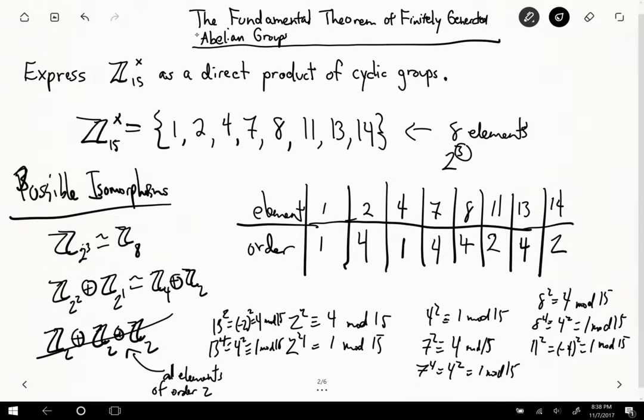And on our other one, this has at least one element of order 8. In particular, 1. You can actually do a lot more than that, but 1 does the trick. It's an element of order 8. There's no elements of order 8 in our list of the elements of the multiplicative group Z15. So this one's out.